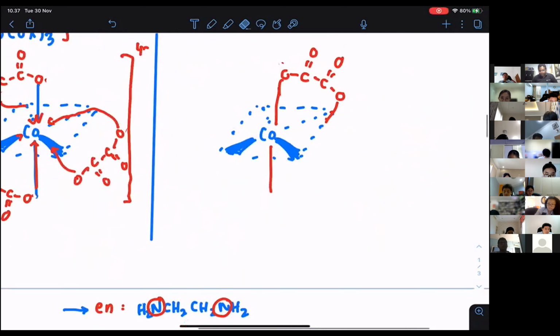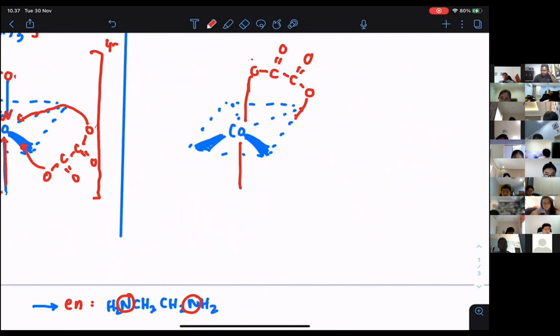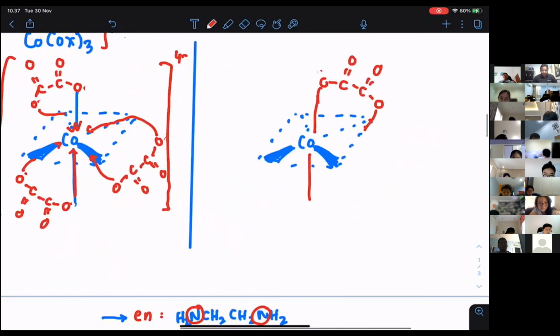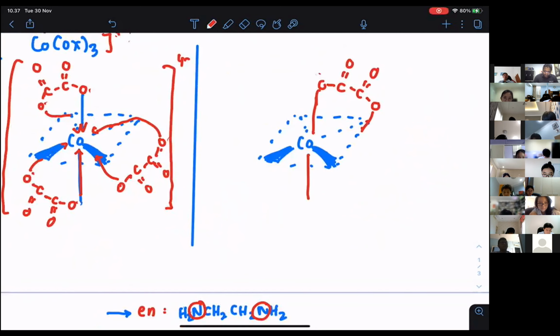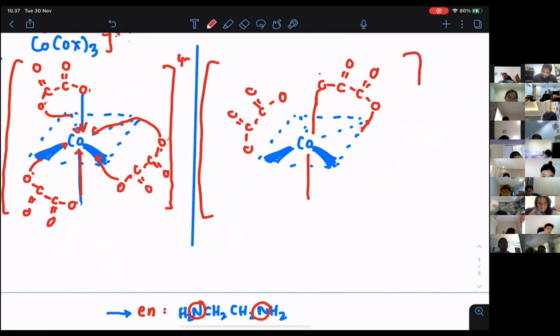Let's continue. Here we just need to follow. This one is side by side, so it must be side by side. C double bond O, double bond O, no need to show the O minus because it's already going to be shown together. 4 minus here. So this one you just put over here, coming over side by side.